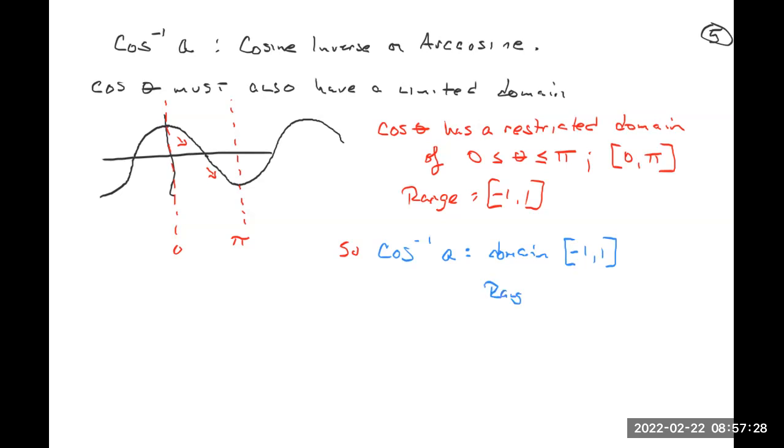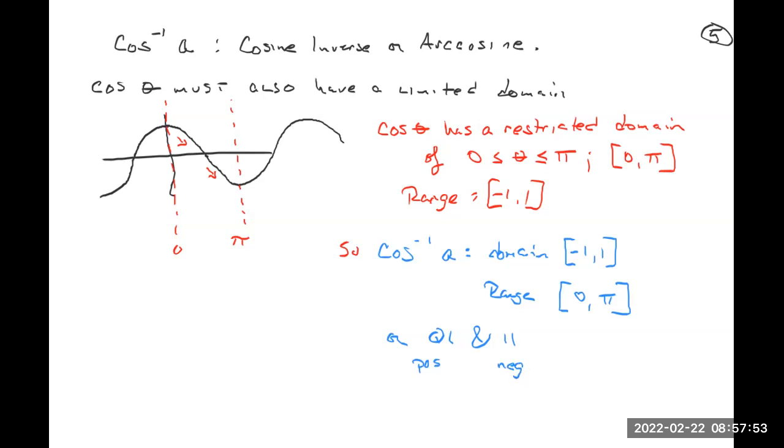And a range of possible answers between 0 and pi, or quadrant 1 and 2. So positive in quadrant 1, negative in quadrant 2.